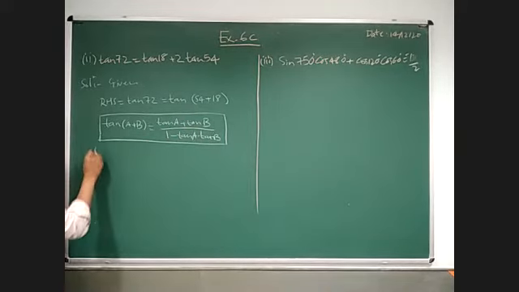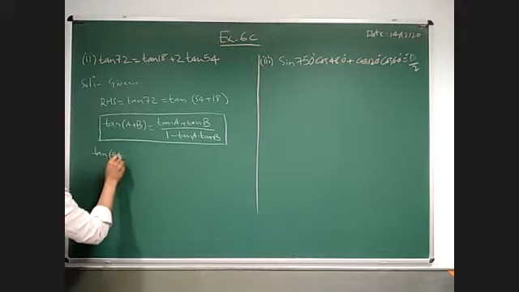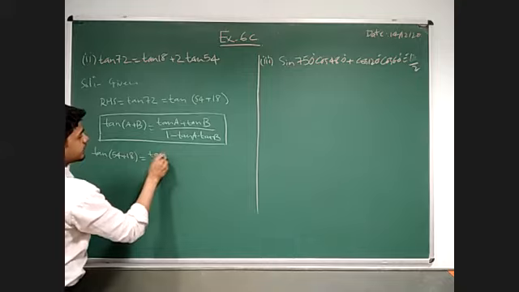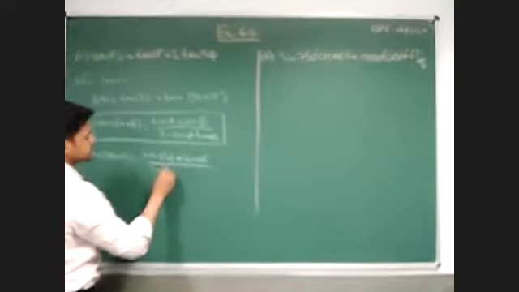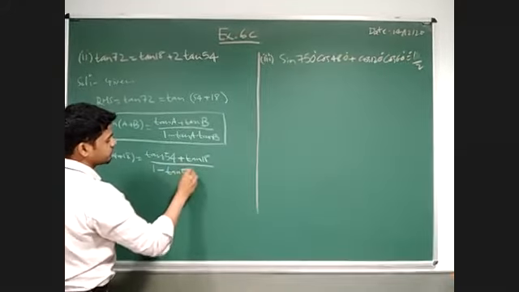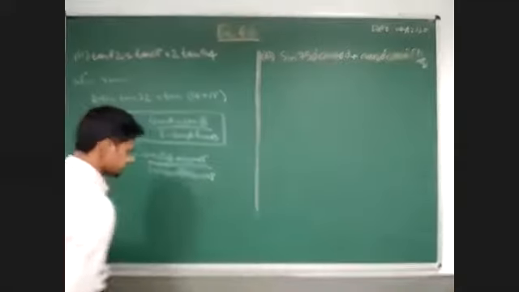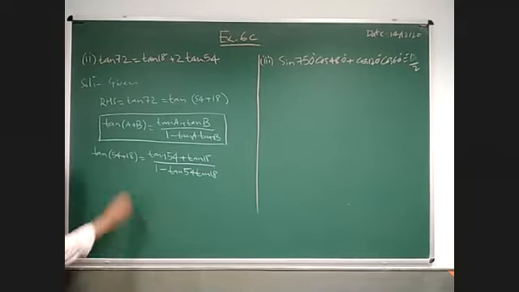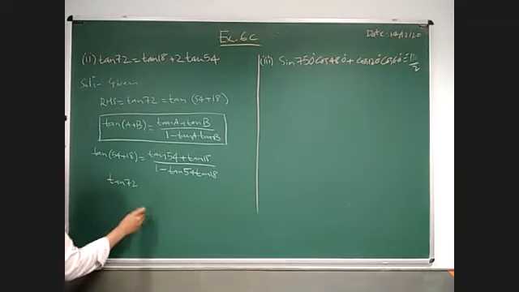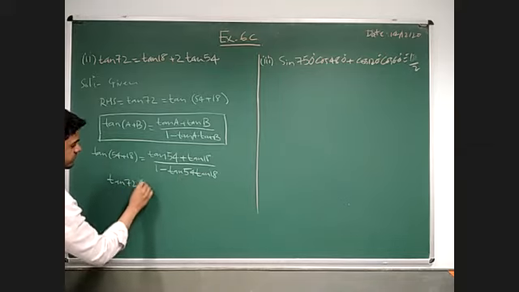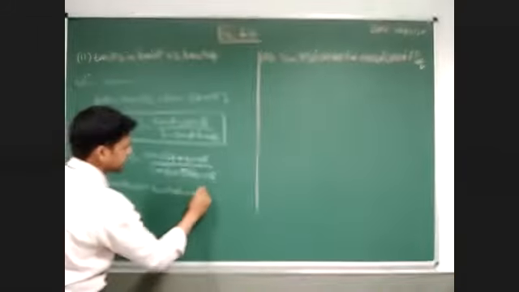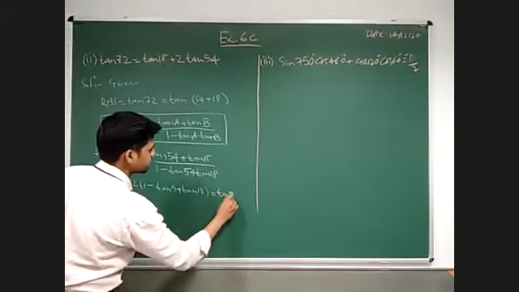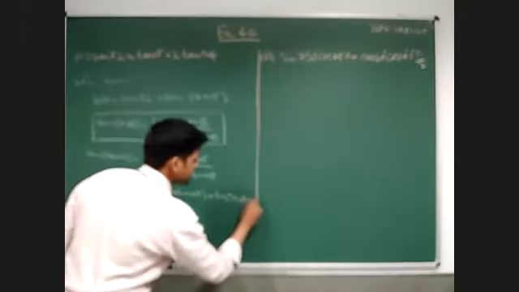So tan(54 plus 18) will be (tan 54 plus tan 18) over (1 minus tan 54 tan 18). Here 54 plus 18 will be tan 72, and if this term comes up, then tan 72 times (1 minus tan 54 tan 18) is equal to tan 54 plus tan 18.